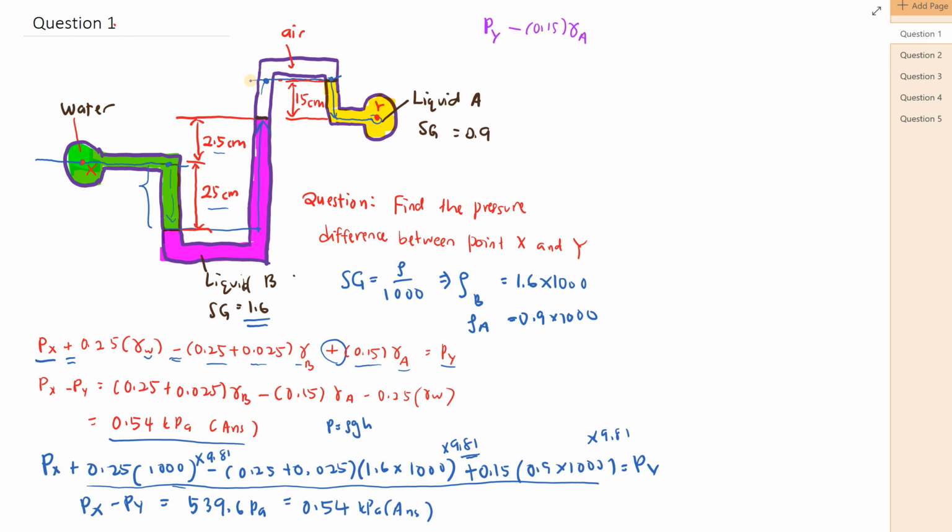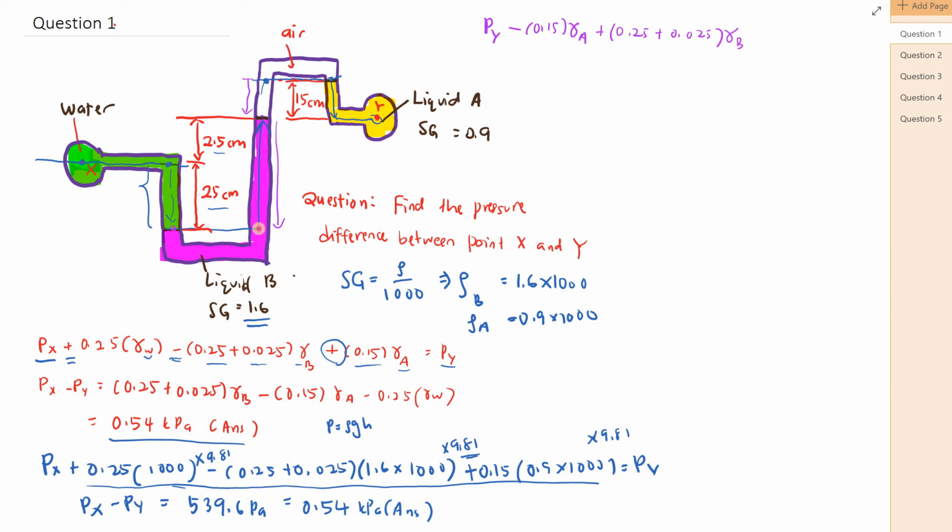From here you go downward, but the pressure due to the air is negligible because the density is very low. So we start from this point. From this point, you still have to go downward, so plus, because it's going downward. Plus 0.25 plus 0.025. And now you are traveling through liquid B, so gamma B. And then you are here now.